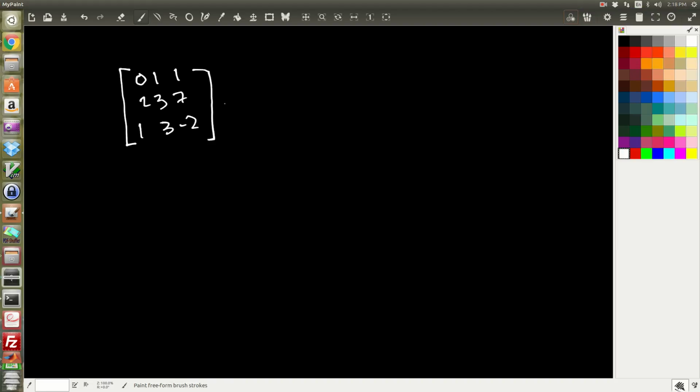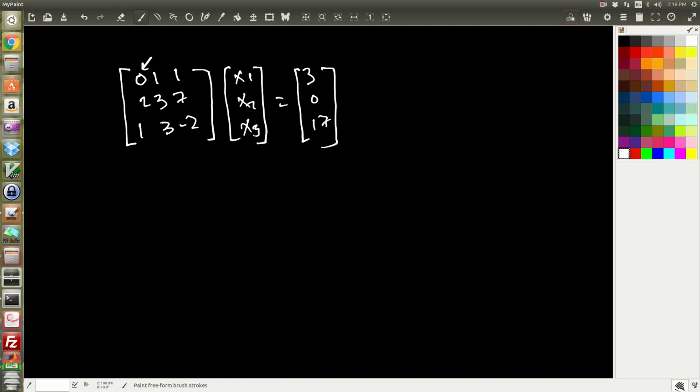This is the exact same matrix that we started out with, except I put a 0 here instead of a 1. So x1, x2, x3 equal to our B matrix, which was 3, 0, 17. So now I've changed the first equation.